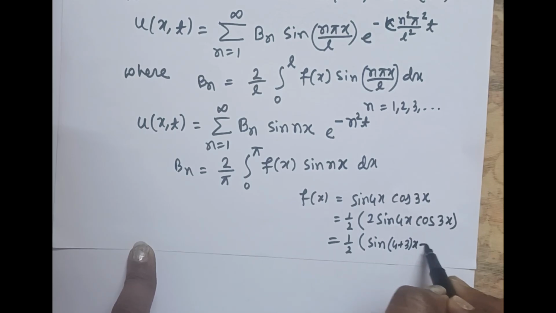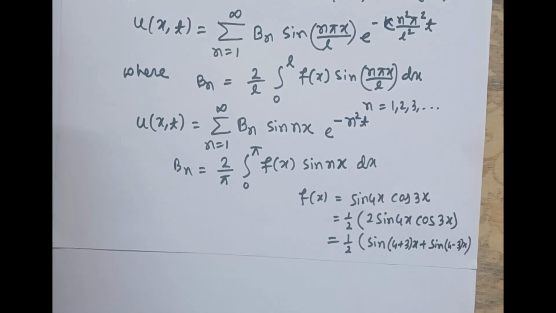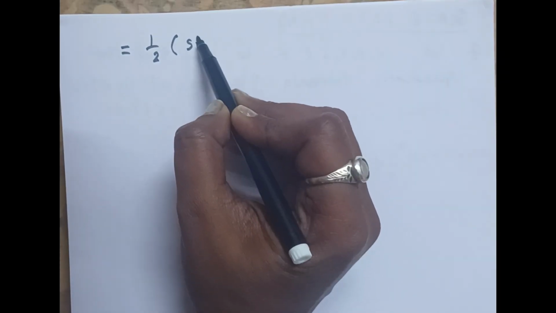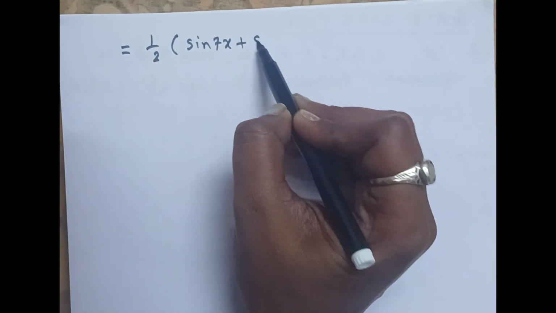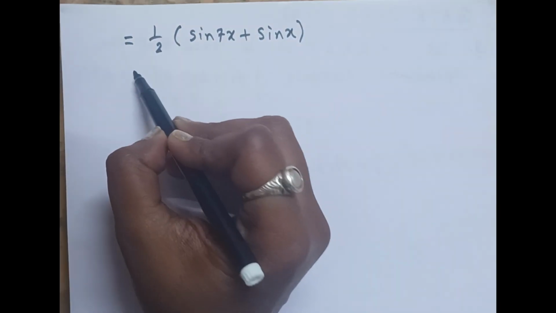So it will be half into sin 7x plus sin x.